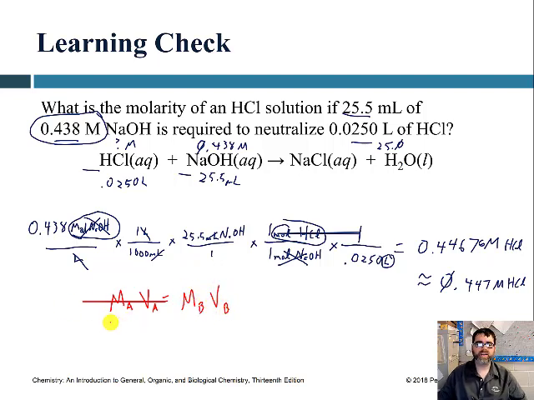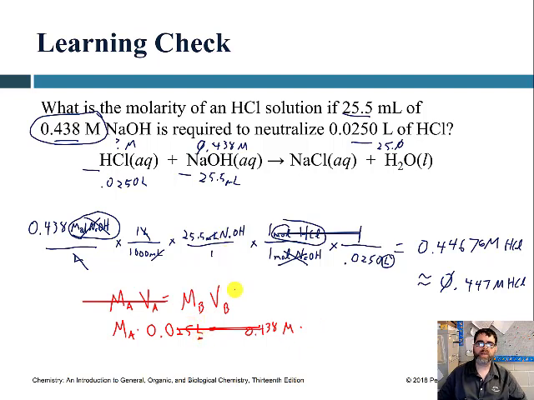And so then we have an unknown molarity for the acid. The volume of the acid was 0.025 liters, which is equal to the molarity of the base, which is the 0.438 molar, and that's going to be multiplied by the volume of the base, which we need to be in a matching unit.